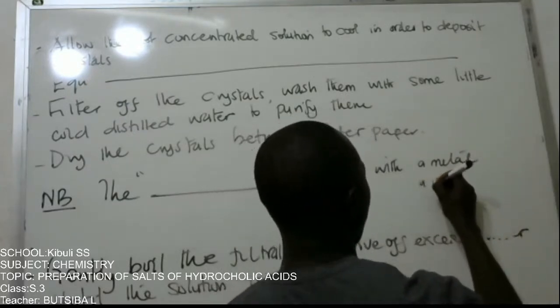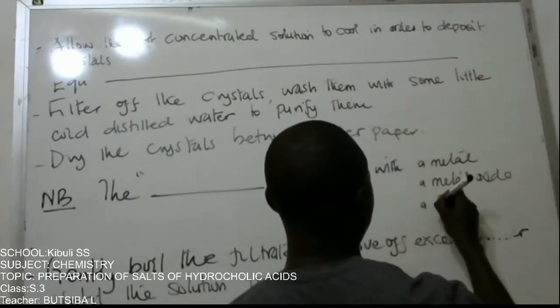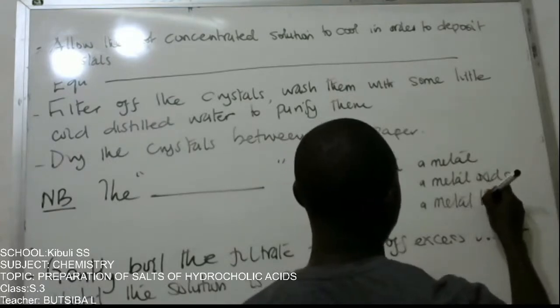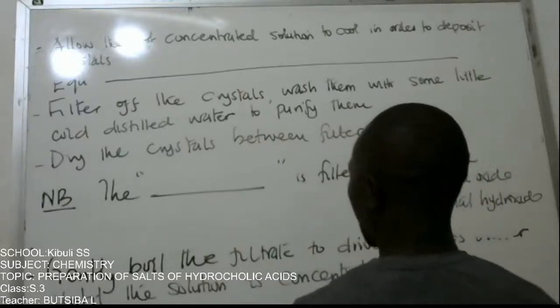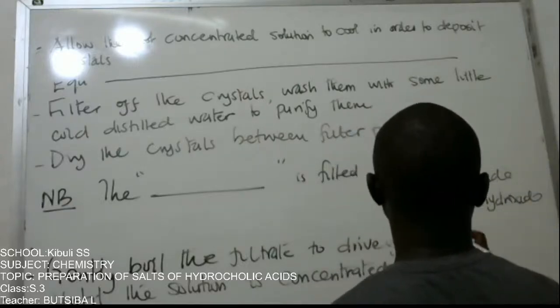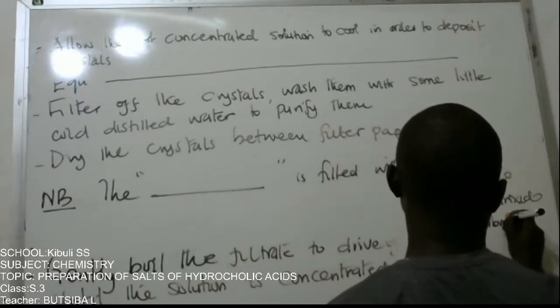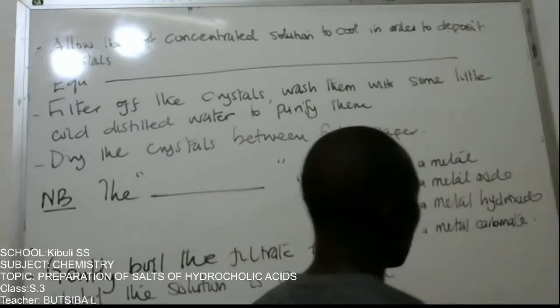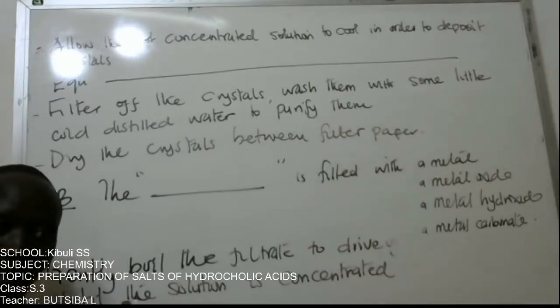It can be a metal oxide. It can be a metal hydroxide, or it can be a metal carbonate. In most cases, that dash is given in the question. So what do you choose? You choose the acid.